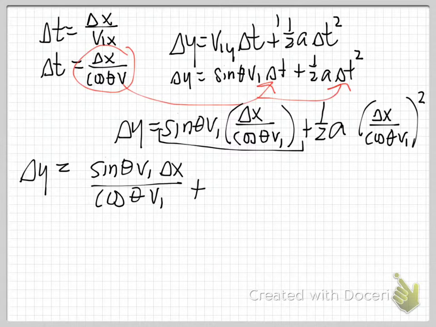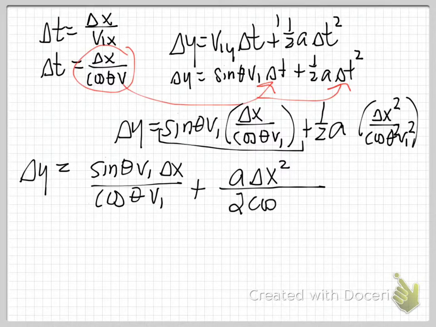We can put the squared inside, but we have to remember to square the cosine also. That gets us a delta x squared over 2 cosine squared theta vi squared.